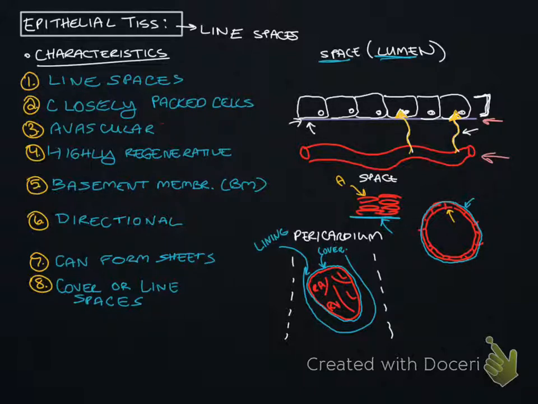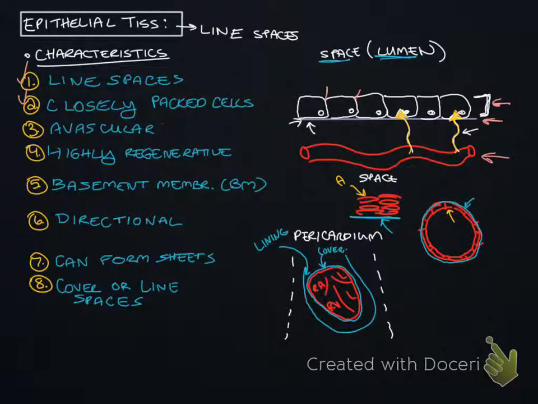So with our characteristics, yes, it lines spaces. It is closely packed together, so the cells always touch. It is avascular, so there is not a blood supply within the tissue itself.